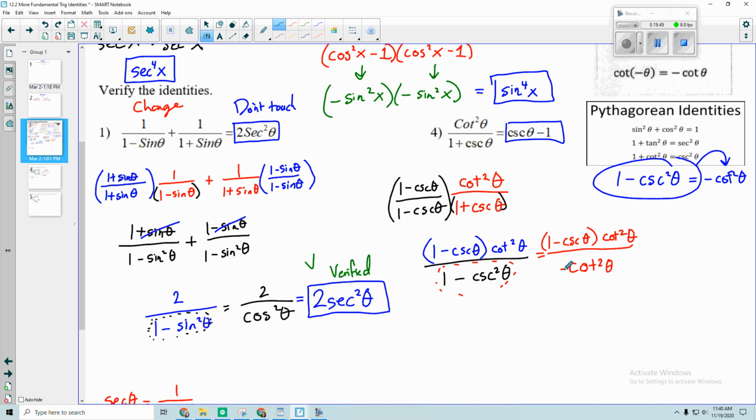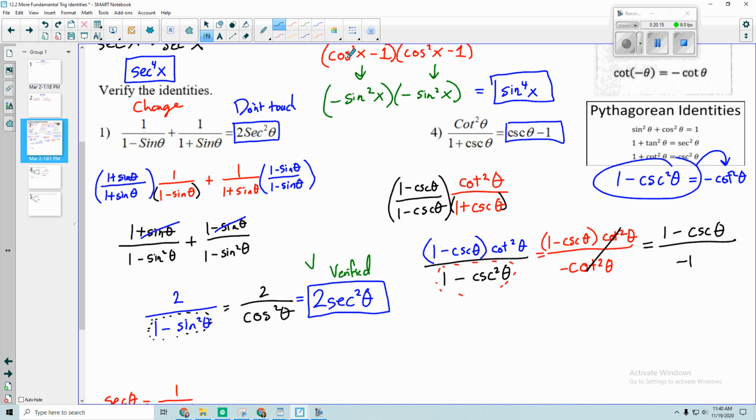Now by replacing this with negative cotangent squared theta, this is going to allow me to actually cancel this cotangent squared theta out. So I can cross this out here. And then this negative is still represented as a -1. So that'll still be in the denominator as the negative. So I'll have the -1 in the denominator. And then I'll have that over 1 minus cosecant of theta.